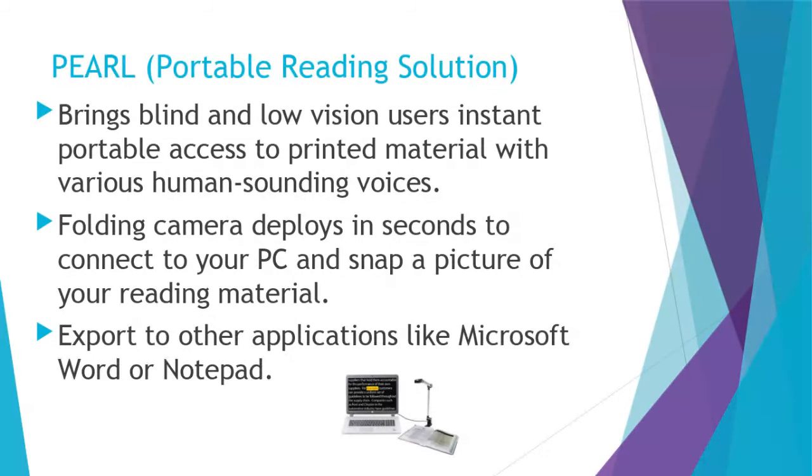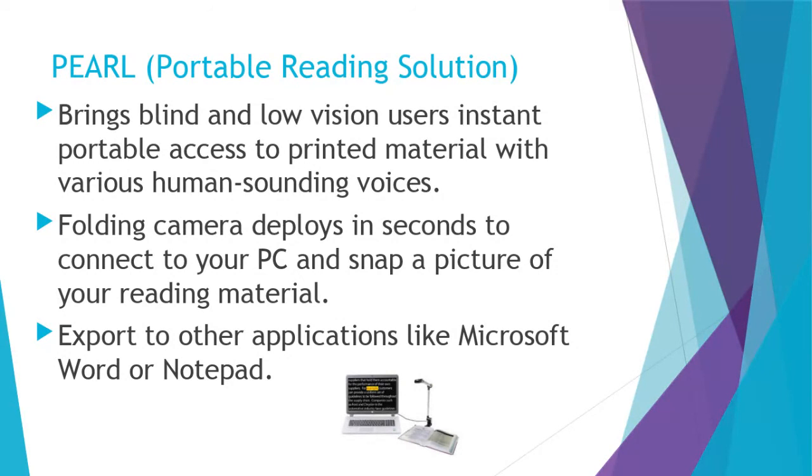The next one is going to be the Pearl, and Chris is going to talk to us about that one. Yes, the Pearl, the portable reading solution, allows someone with low vision or total loss of vision to read.